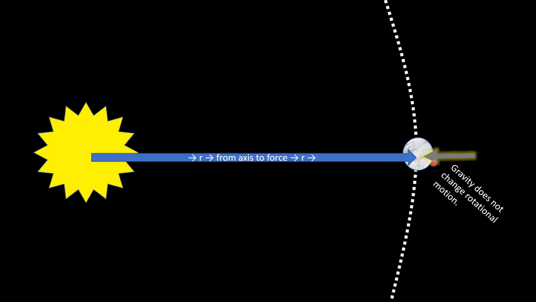If we wanted to change the angular momentum of this object, we'd have to get a force that was perpendicular to that lever arm. If we got a rocket ship out and started pushing on it this way, then that would change the angular momentum. But gravity is not perpendicular. Gravity will not change the angular momentum. So central forces don't change rotational motion.